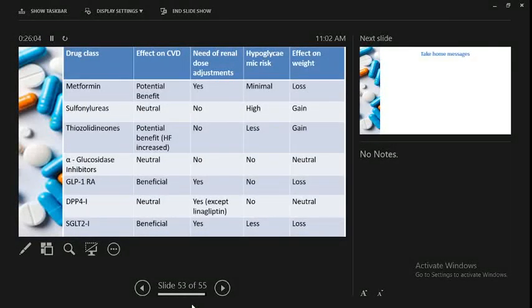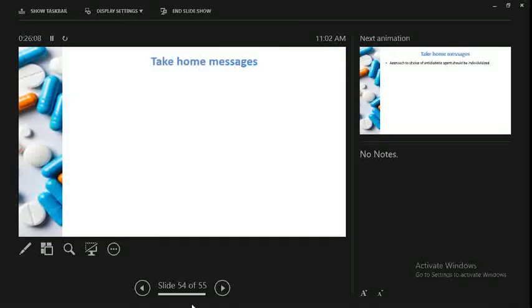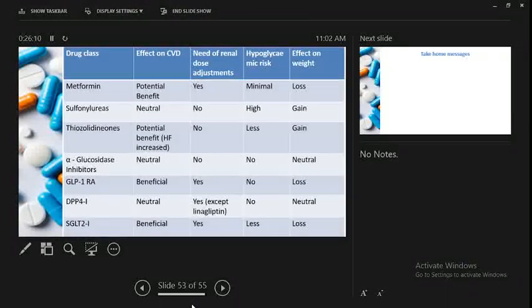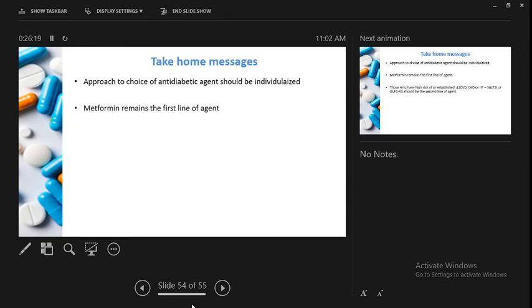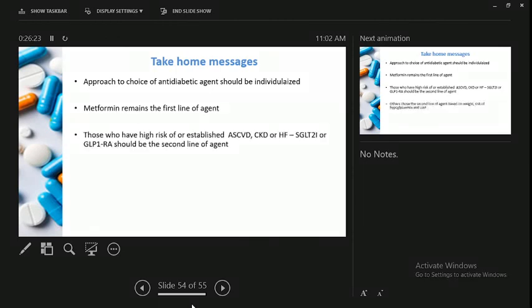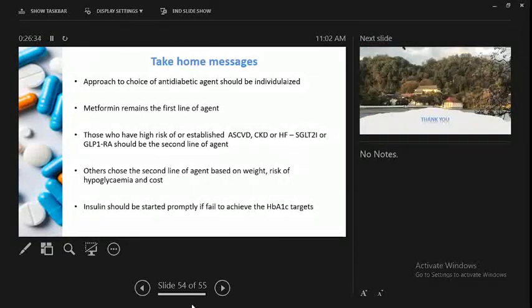This is just to summarize all the effects of drugs on cardiovascular disease, renal outcomes, weight, and hypoglycemic risk. Just to give a few take-home messages: the choice of anti-diabetic agent should be individualized, and metformin remains the first line agent. For those with high risk or established cardiovascular disease, CKD or heart failure, SGLT2 inhibitors or GLP-1 receptor agonists should be the second line agent.